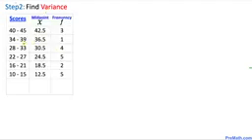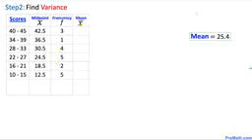From our previous steps, we know the score values, the midpoint x, and the frequencies, as you can see over here. And in our next column, this is for the mean, x bar. We're going to fill it in, and from the previous step, we figured out the mean equals 25.4.